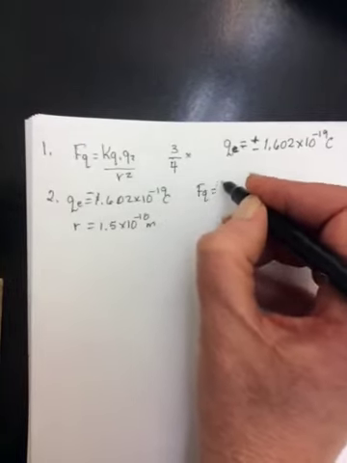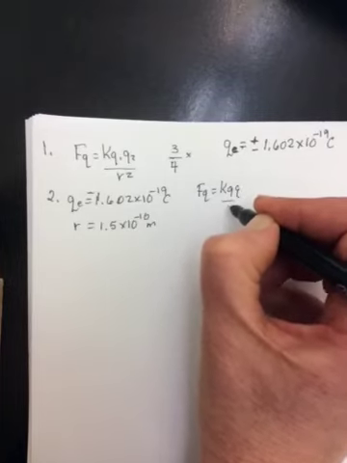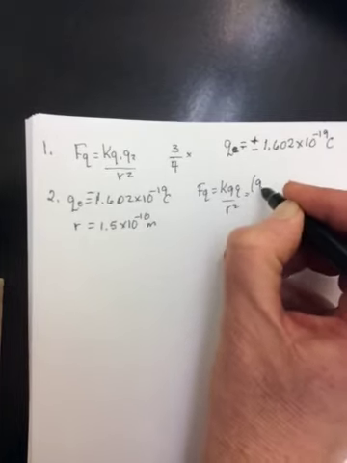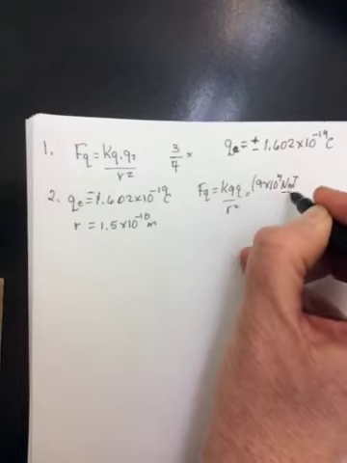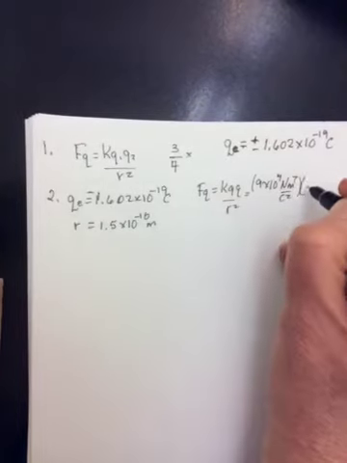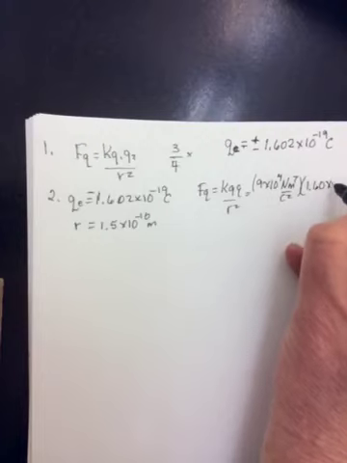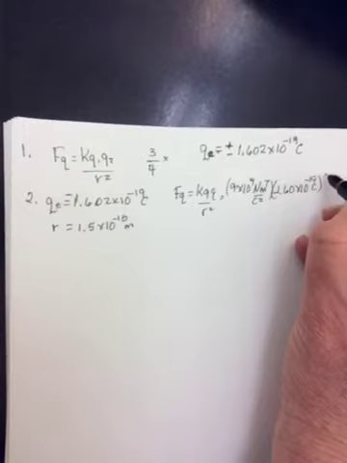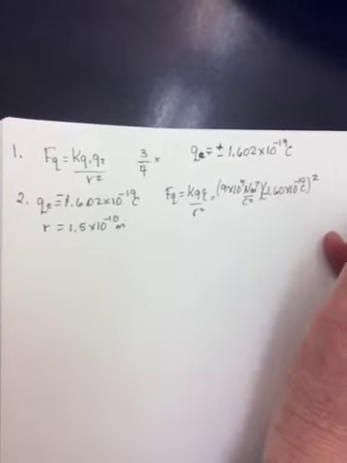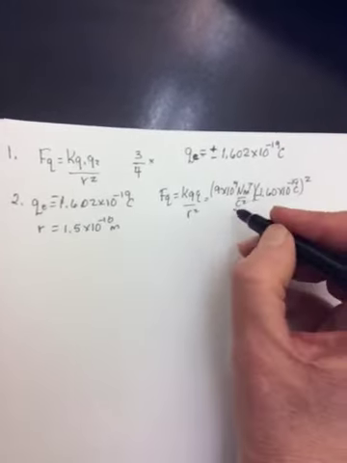So F_Q is equal to K Q Q over r squared, so 9 times 10 to the 9th newton meters squared per coulomb squared times 1.602 times 10 to the negative 19 coulombs. It's negative, but I'm going to put a squared there rather than write it out because I'll go out of the screen.